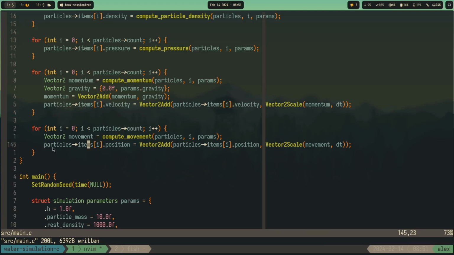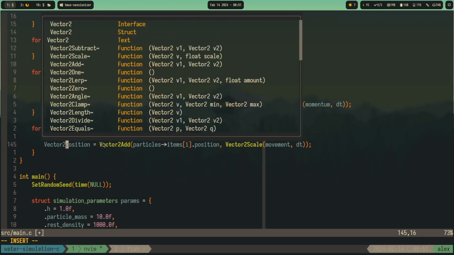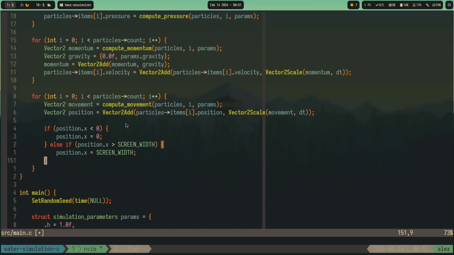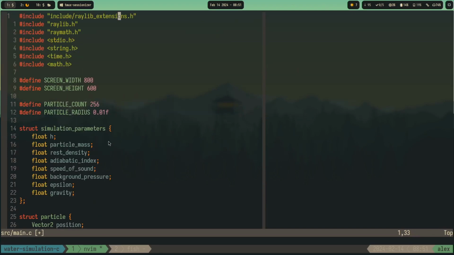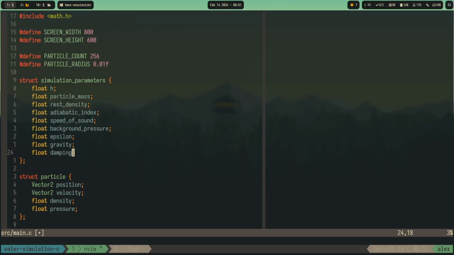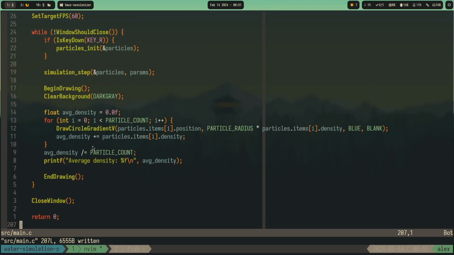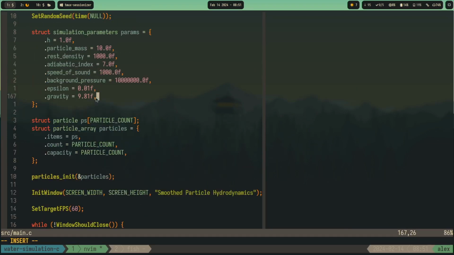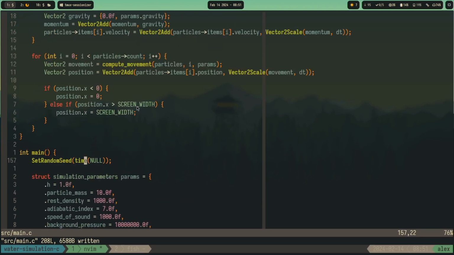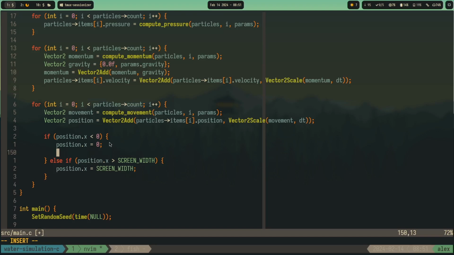So let's try to say something like, vector to position. If position is outside, let's have here a float damping when we collide, basically 0.9. Like when we collide with a wall, we lose some of the speed.